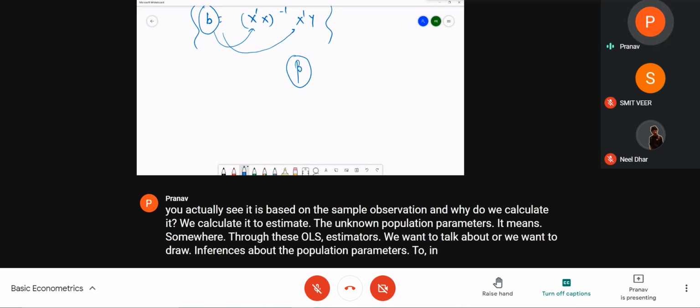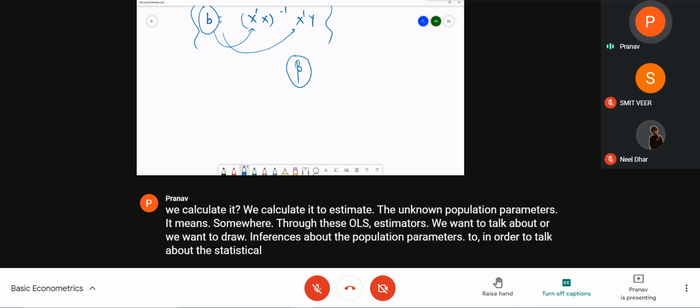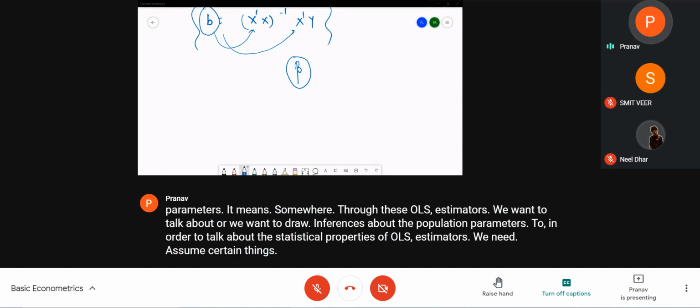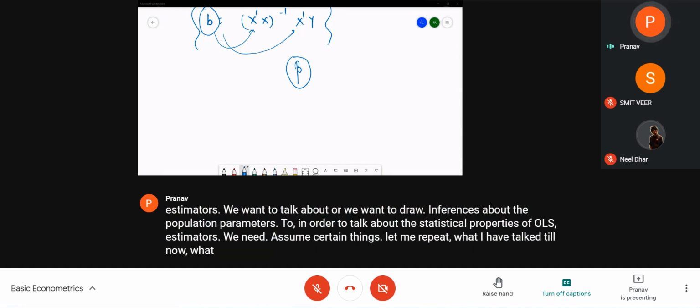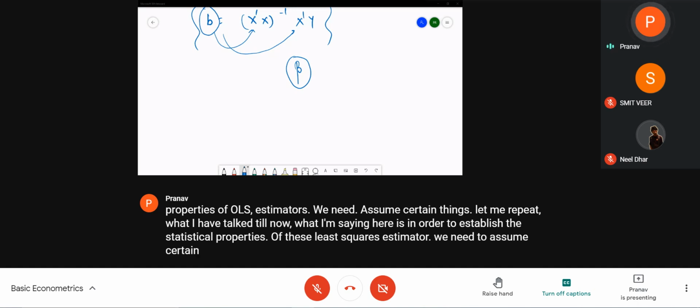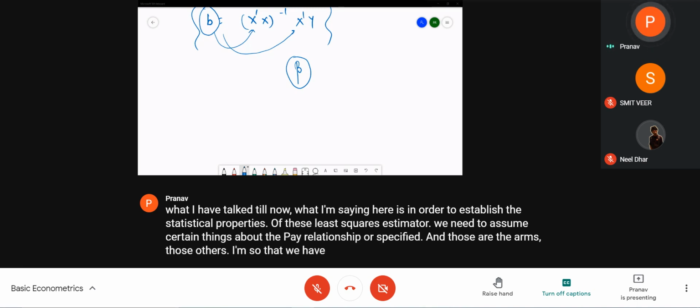So in order to talk about the statistical properties of OLS estimators, we need to assume certain things. Let me repeat what I have talked till now. What I'm saying here is, in order to establish the statistical properties of these least squares estimators, we need to assume certain things about the way relationships are specified, and those are the assumptions that we have already understood.